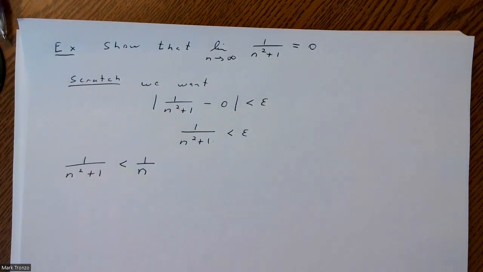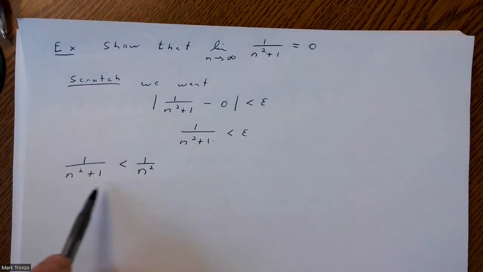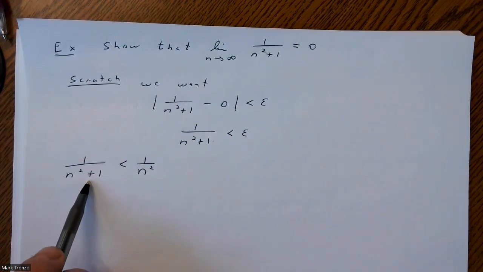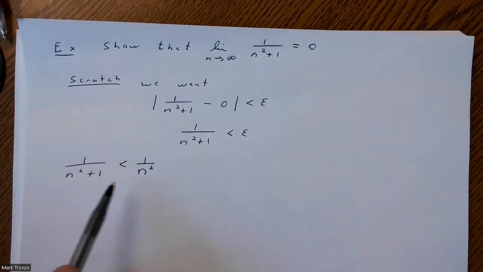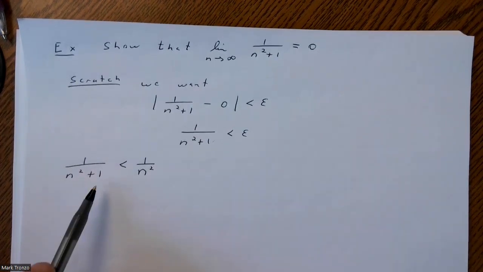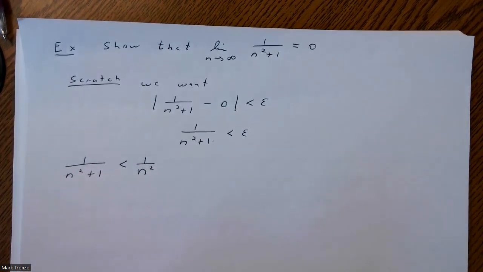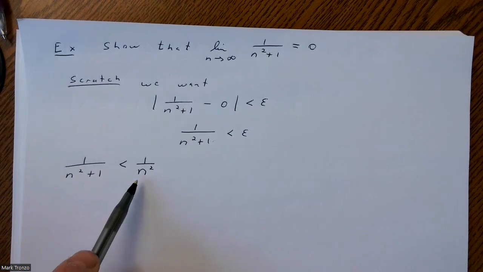Okay, are we allowed to say that? Excuse me, let me keep the square first of all. Are we allowed to say that? Because remember, whenever the denominator is bigger, it makes the fraction smaller. So if we take a positive number away, now if this was a negative number, we couldn't do that. But this is positive, so we can take that away and get something bigger.